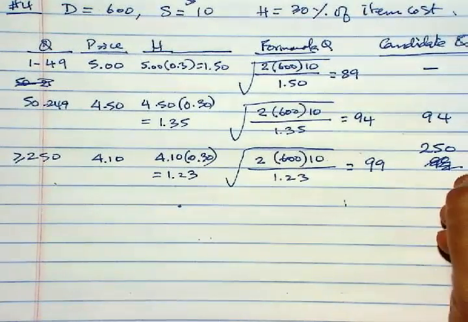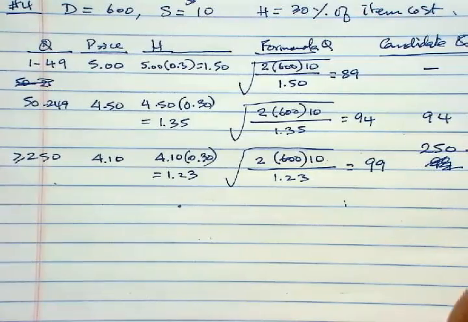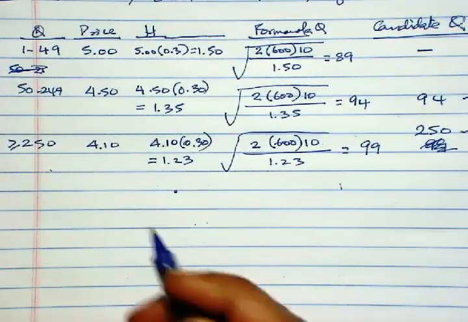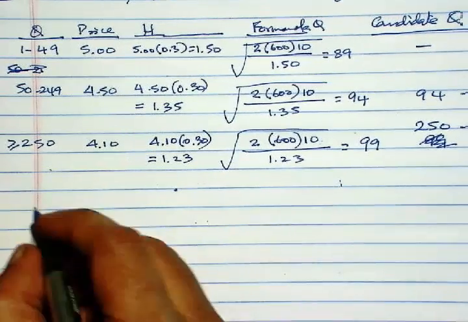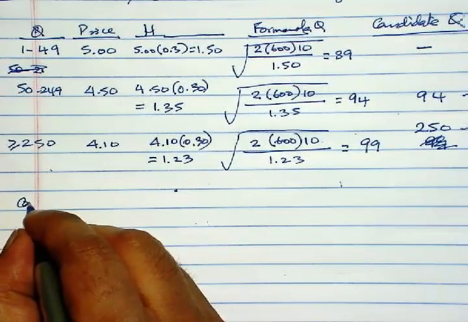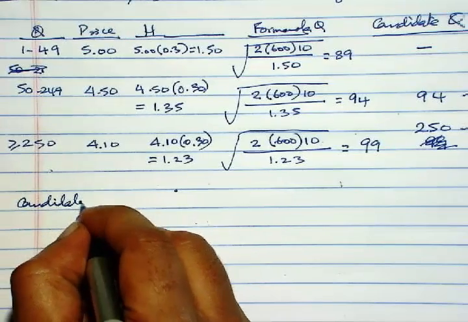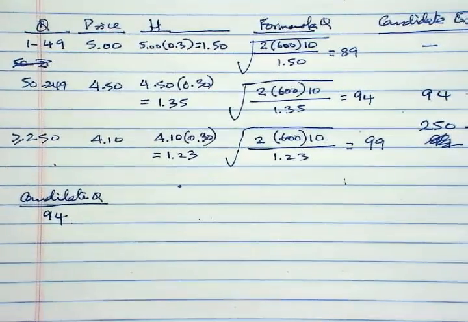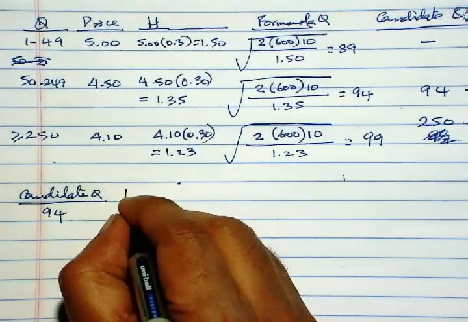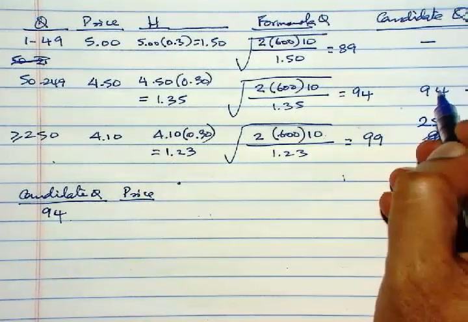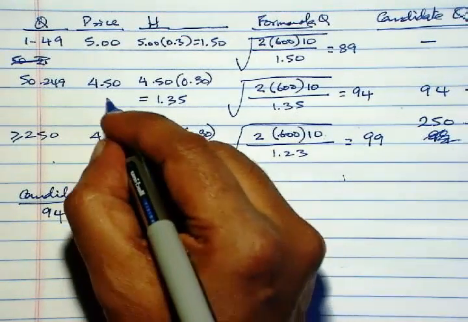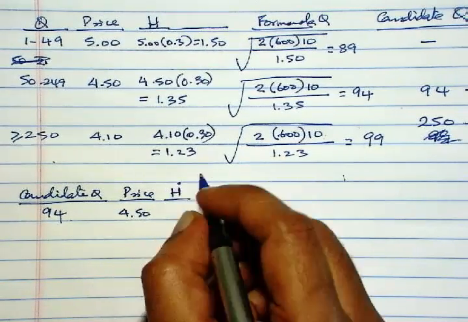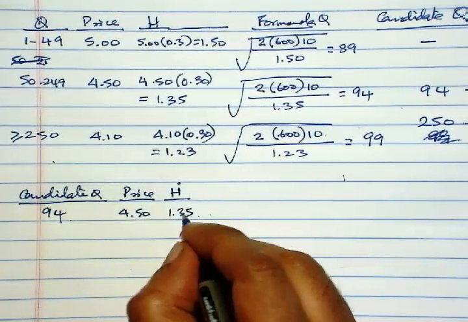Okay, now we need to compute the total cost for these two candidates. So candidate Q, first one is 94. Price for that candidate is $4.50, and H is $1.35.